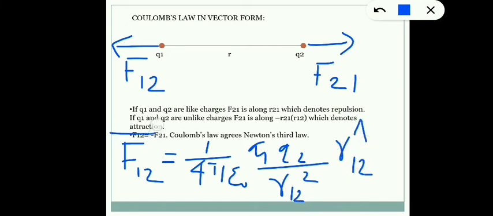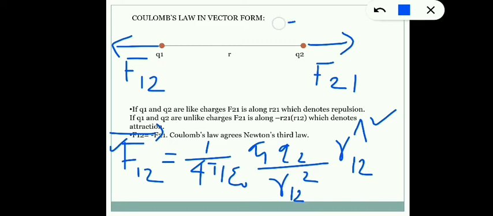Now this force represents a vector form. This is the vector form of Coulomb's law, because here we are specifying the direction too, and which vector represents that direction? This unit vector R12. R12 is the vector pointing from 2 to 1.